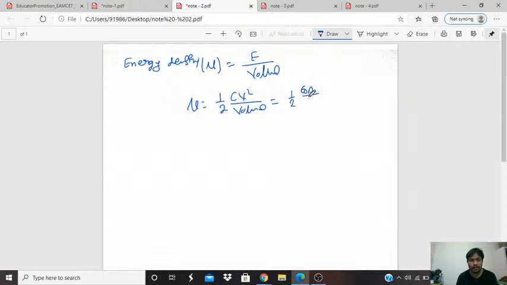Capacitance of a parallel plate capacitor: epsilon naught A by D. And what is the potential? We have the relation of electric field into distance.